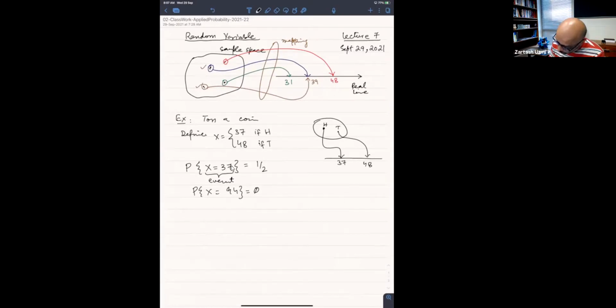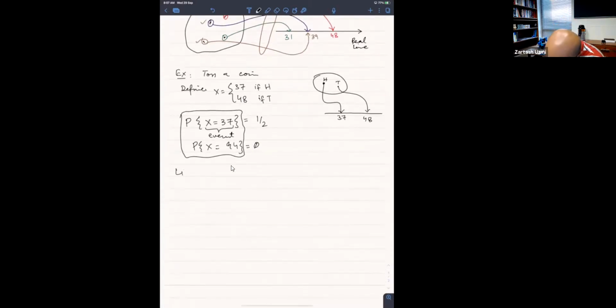Okay. So now these probabilities, if all possible values that x can take, if all possible values that the random variable can take, if I list those values and the corresponding probabilities, okay. So list of all possible values x can take and corresponding probabilities.